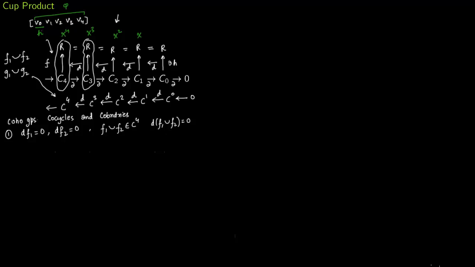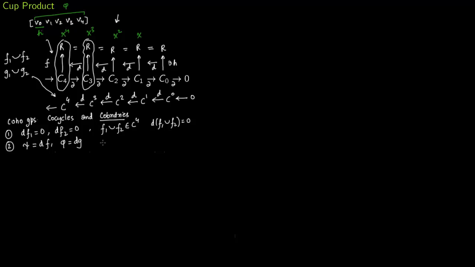The second condition is simply this. Say this is df and this one is dg, that is, varphi and psi are both coboundaries, because they are d of some maps.